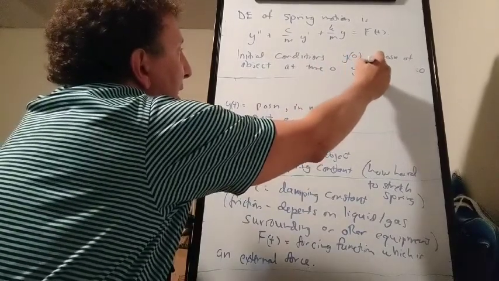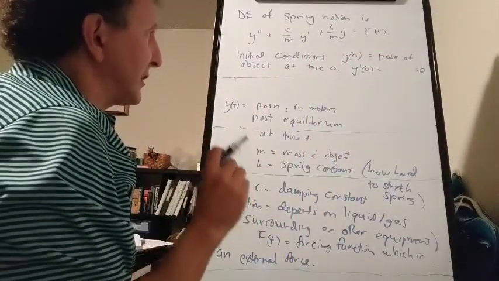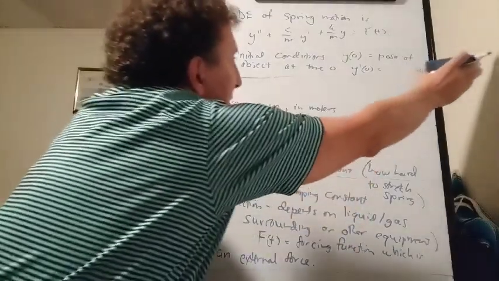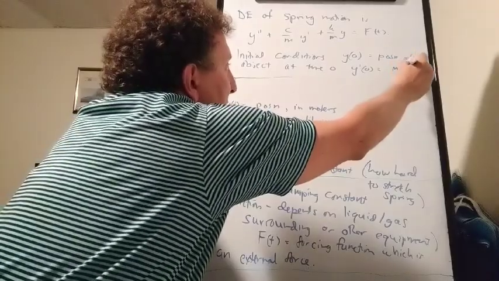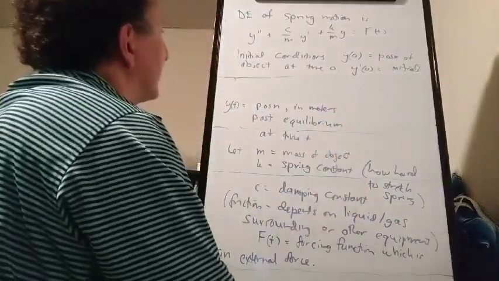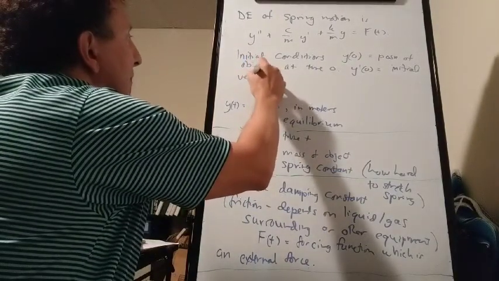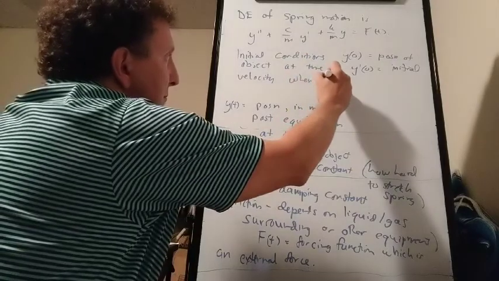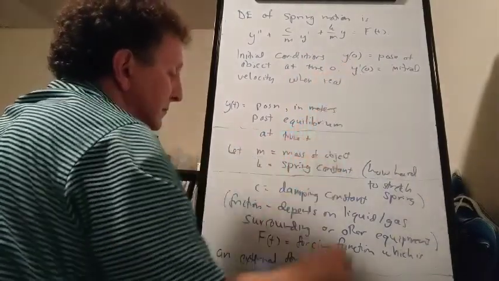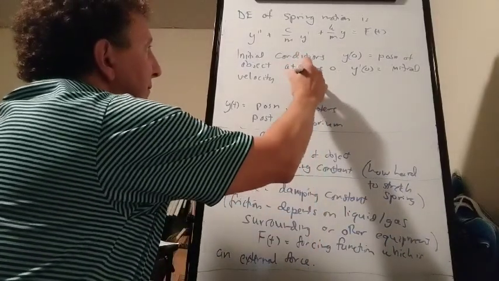And then y prime of 0 is the velocity with which the object is released at time 0. So initial velocity. Let us say at time 0.